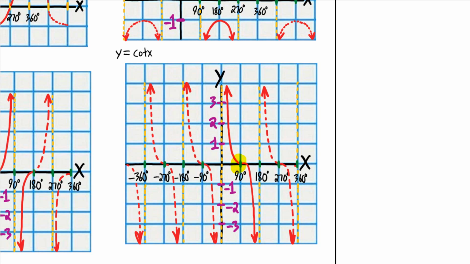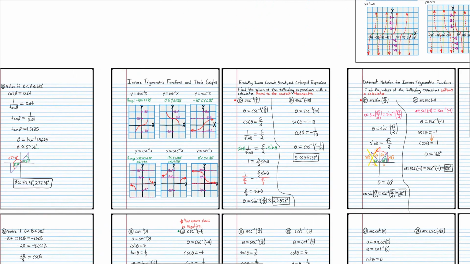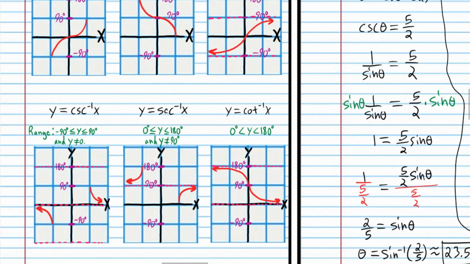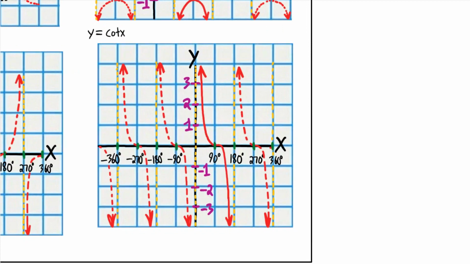Now if you look at the domain restrictions for the cotangent inverse function, you see the value of cotangent inverse must be between 0 and 180. So you see that this point here, where cotangent is 0, that works, 90 degrees.